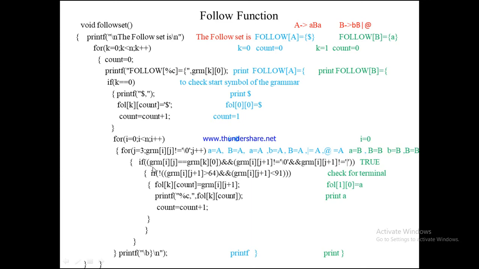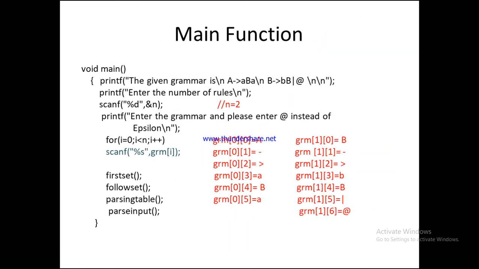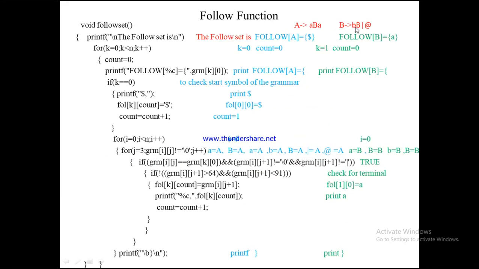Now I am checking 1, 3. What is 1, 3? 1, 3 is nothing but a small letter b. So I am checking whether small b is equal to the capital A. No. Again I will come back and increment the j value. Then 1, 4.